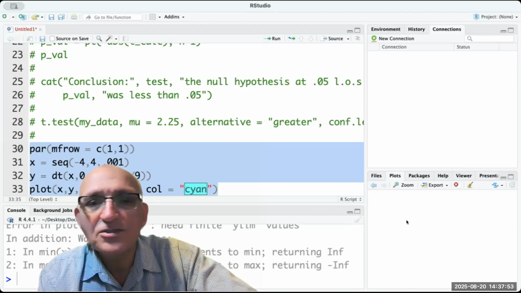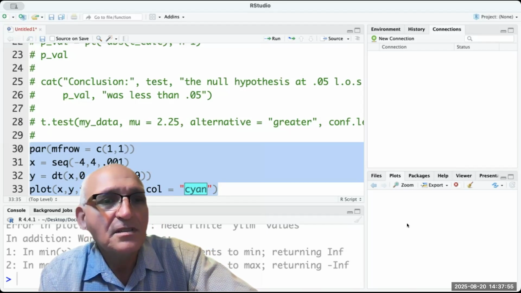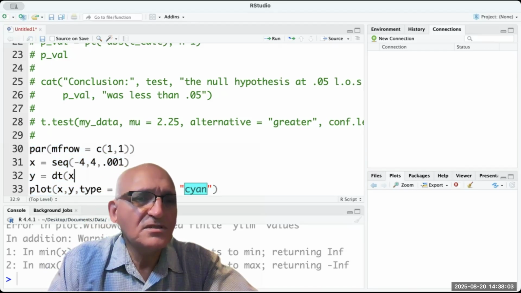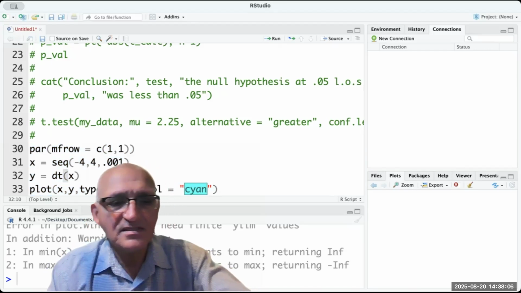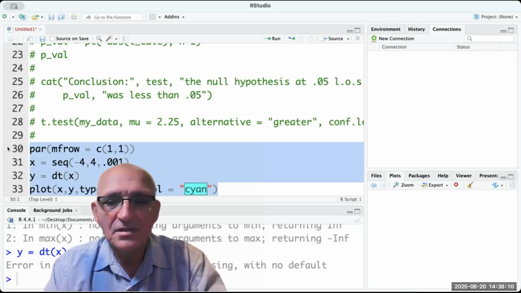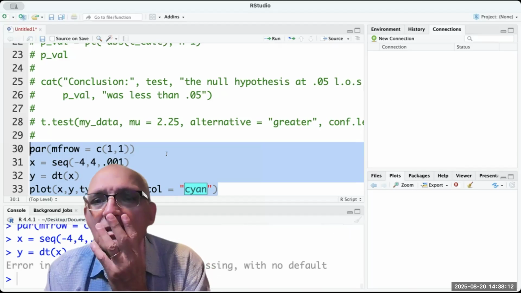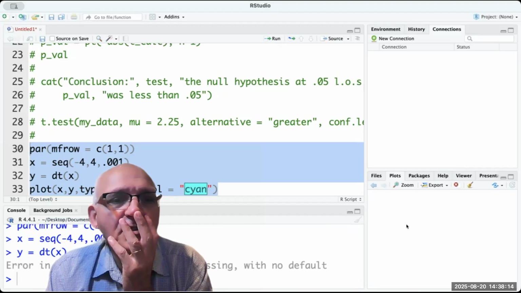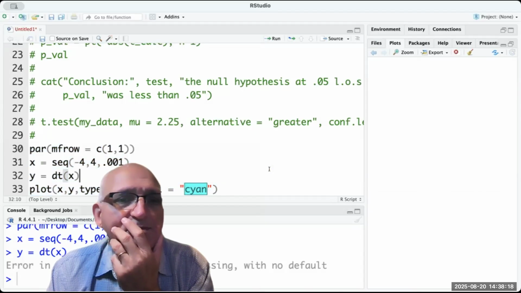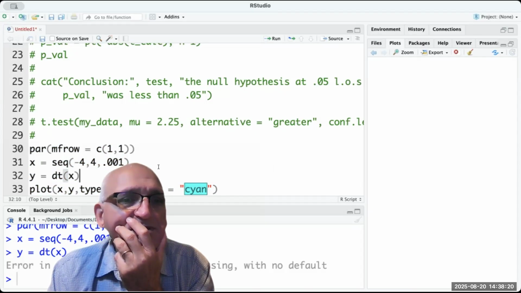Oh, no, it didn't show that. dt. So let's say dt only. Let me see how it's gonna look. But that's not what I want. No, for some reason it's not showing the plots. I don't know what happened. Must have done something weird here.